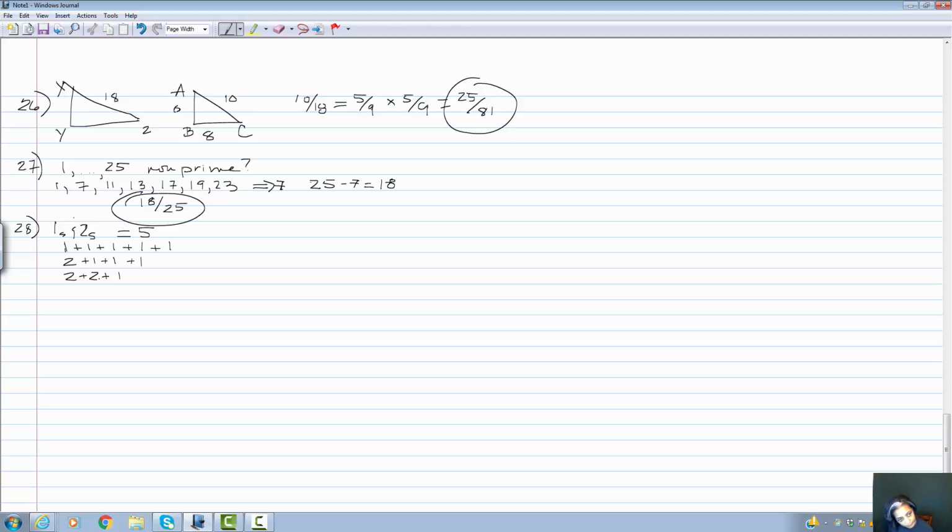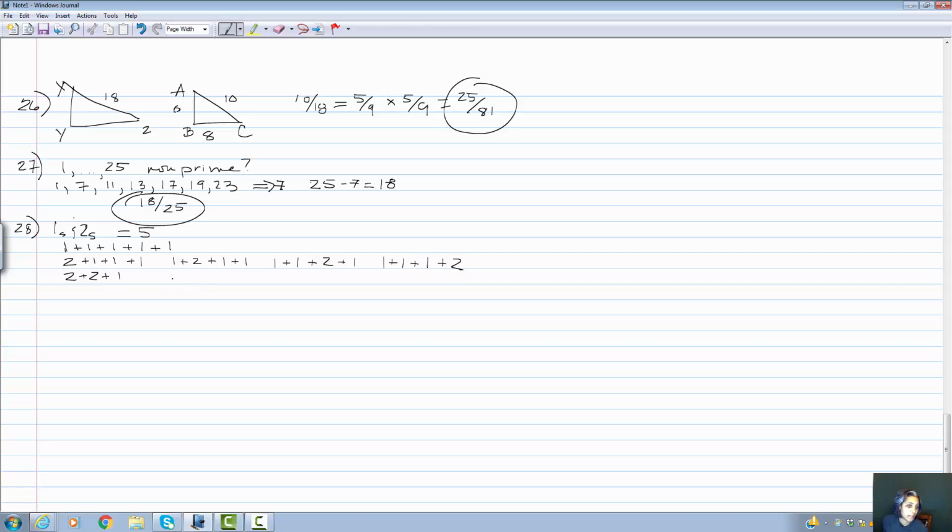But this is a sequence question. So these are the basic combinations, but now we need sequences. What if the 2 is the second number? Then I just move this 2 along: 1 plus 2 plus 1 plus 1, then 1 plus 1 plus 2 plus 1, and then 1 plus 1 plus 1 plus 2.